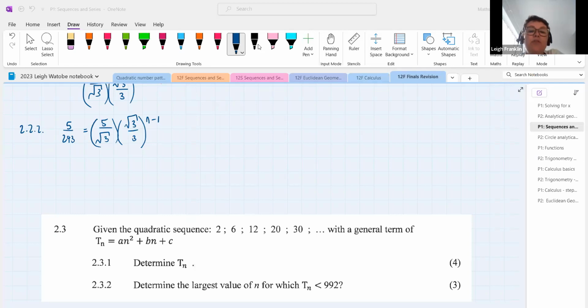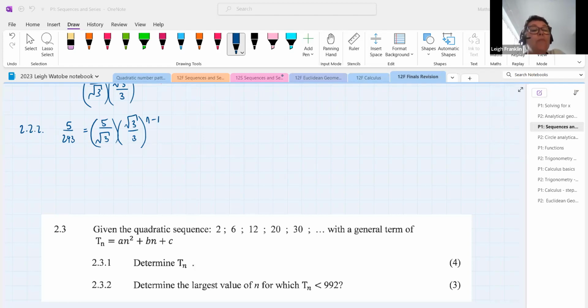Can anyone tell me in 2.2.2? Okay, thanks, Gugu. All right, so Gugu says divide by 5 root 3. So in other words, what Gugu is saying, Amartle says divide 5 over 243 by 5 over root 3.